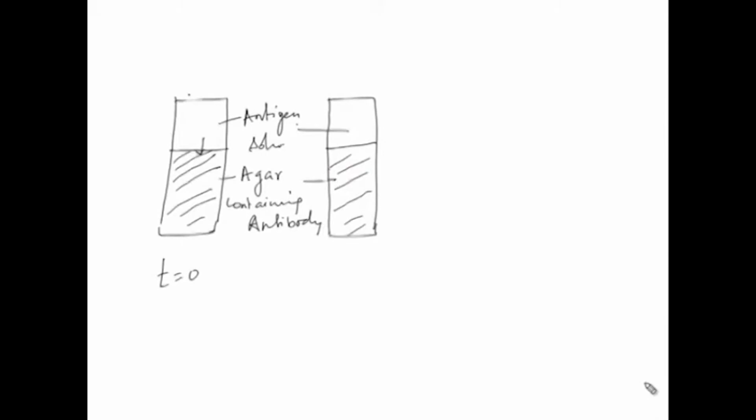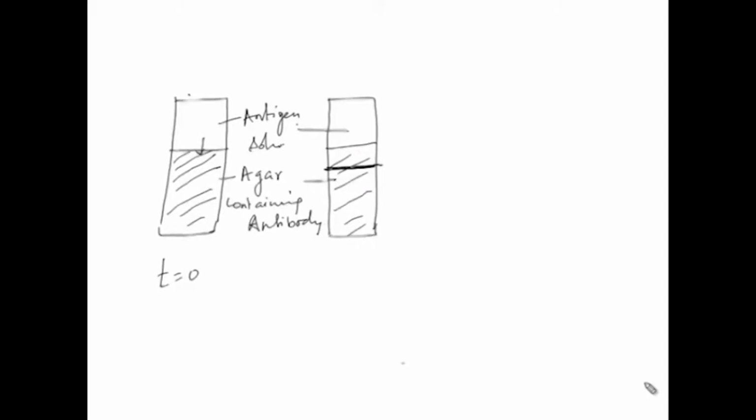As the antigen enters, there will be antibody excess. As the antigen interacts with the antibody, a very minor precipitate is formed, and a very thin precipitin line could be seen.